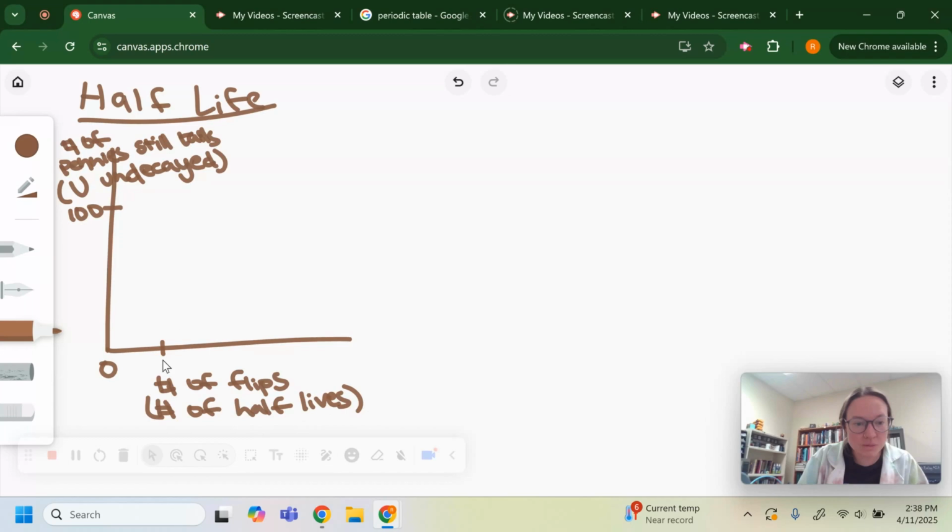But after just one flip of the beaker, wait, I'll put a few lines on here: 2, 3, 4, go out, 5, 6, like this. Okay. After one flip of the beaker, about 50 of the pennies will come up heads and about 50 will stay tails.